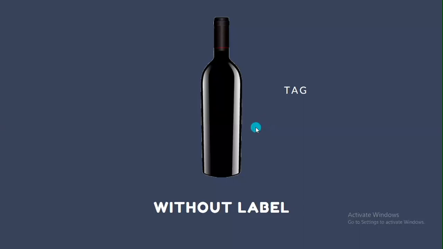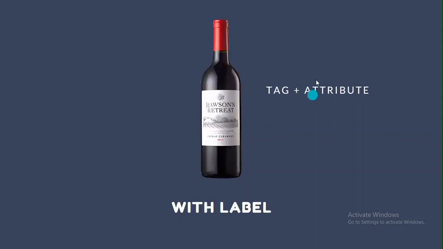So like that in HTML also, if you are simply writing any paragraph, sorry, any element or any tag, you will be able to say, okay, this is so and so element. But just to provide the extra information about that particular tag, you have to use attribute. So like here we have a label for this bottle.